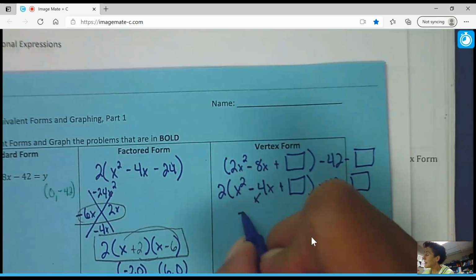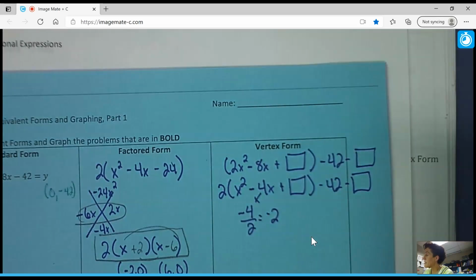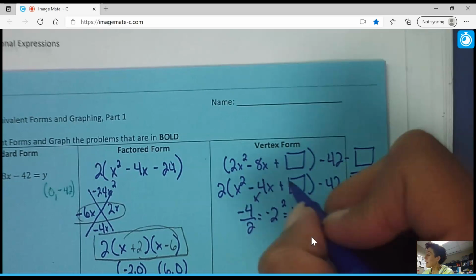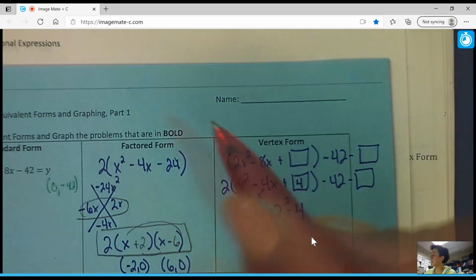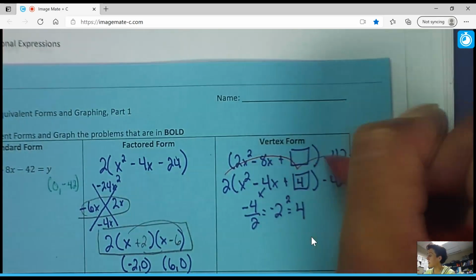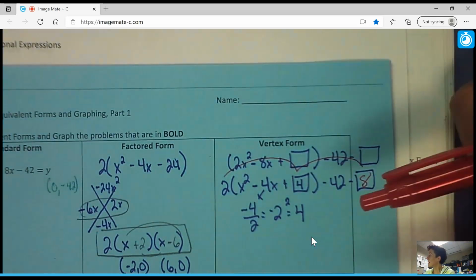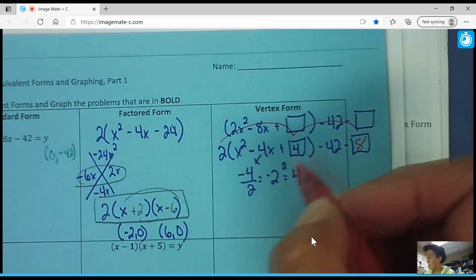And now I'm going to take this number and I will always cut it in half. And then I will square that number and I will get 4. And then I'll put a 4 here, and then as it turns out, it's not really worth 4, it's actually worth 8 because of this bunny hop. 2 times 4 is 8. Alright, so from there, I'm going to come up with my vertex form.